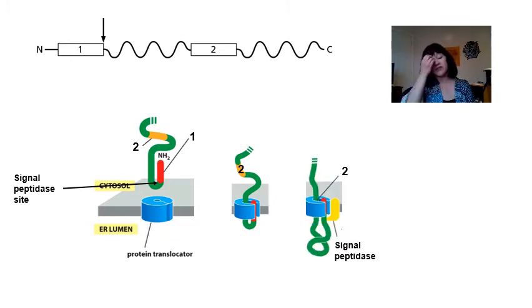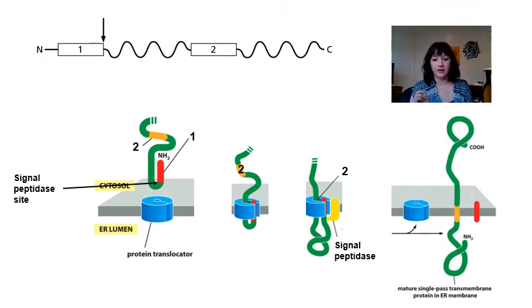Once it reaches that region, the translocator sees that, it pauses, and it recruits that signal peptidase. The signal peptidase is going to cut at that site we indicated with the arrow and release what end into the lumen? The N-terminal end. The N-terminal side of that protein is facing into the lumen of the ER.